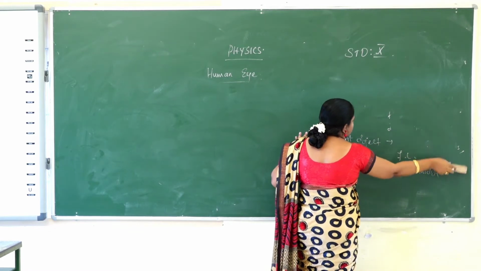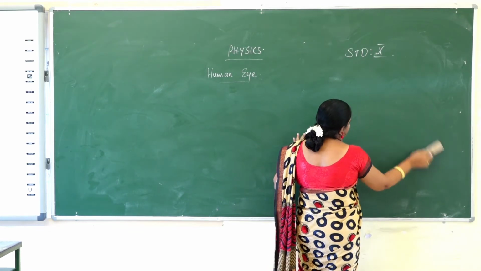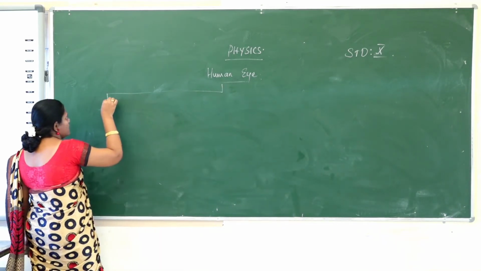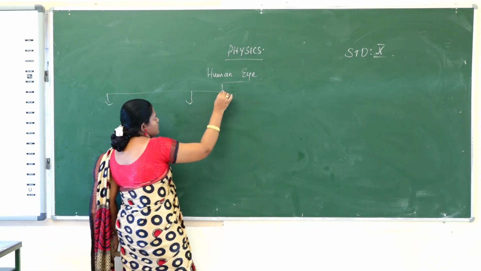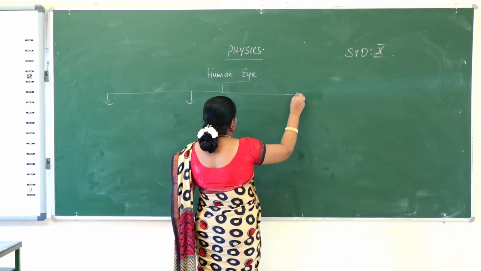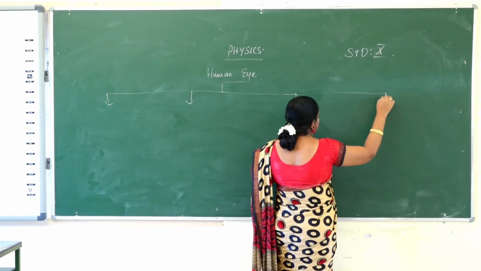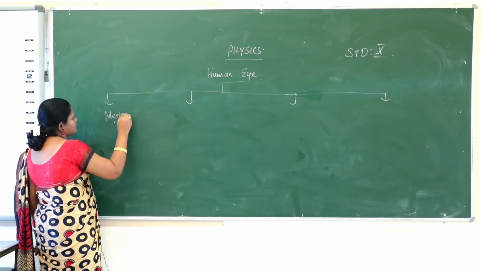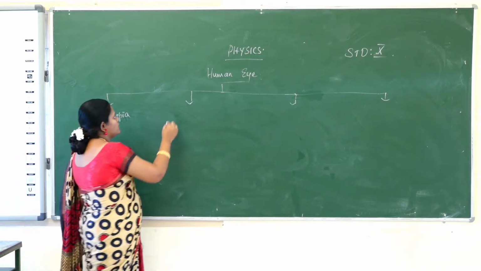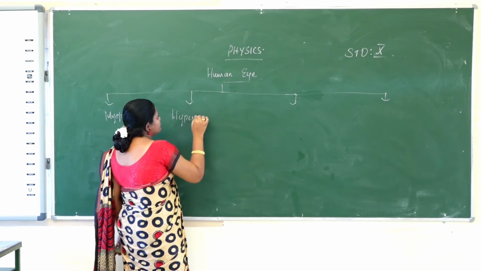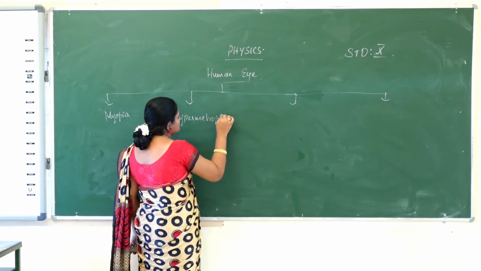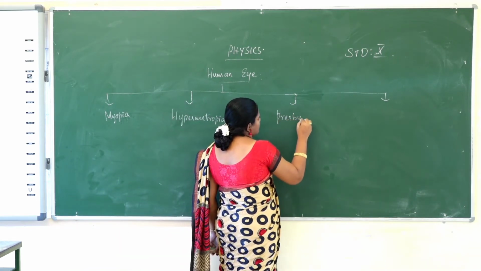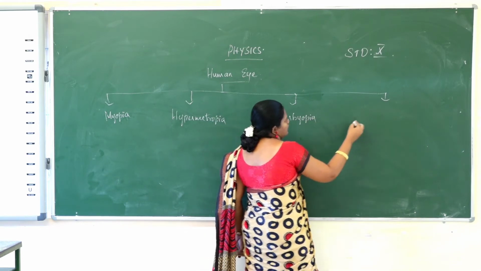First one is myopia, second is hypermetropia, presbyopia, and astigmatism. Those are the four defects that can be created in the eye.